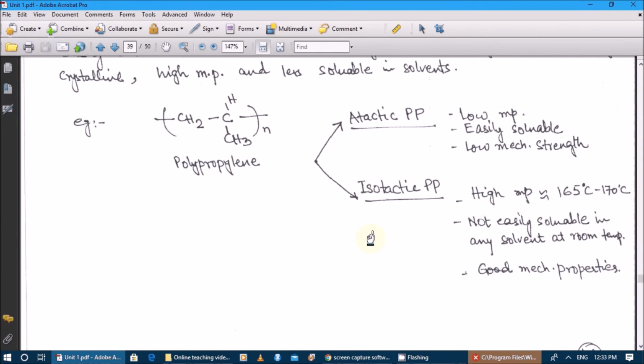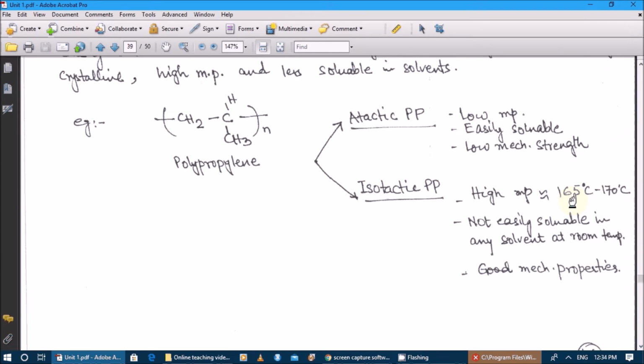Whereas if we use Ziegler-Natta catalyst or metallocene catalyst for the polymerization of propylene, then we will obtain isotactic polypropylene. And this isotactic polypropylene exhibits a high melting point, somewhere in the range of 165 to 170 degrees centigrade, and it is not easily soluble in any solvent at room temperature.